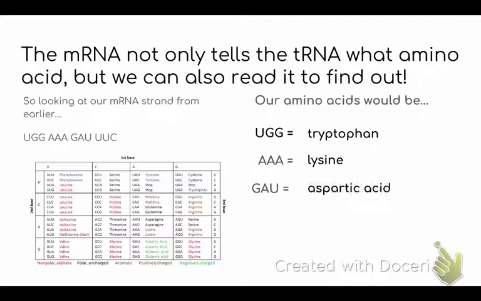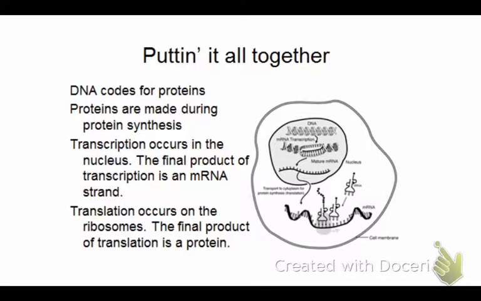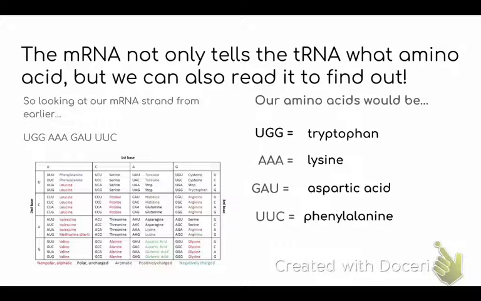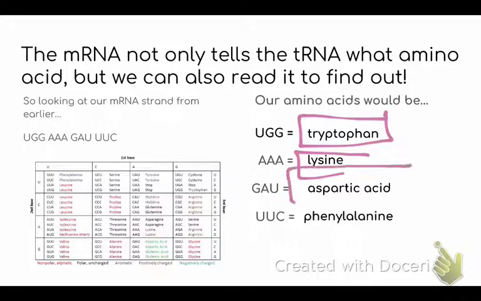Good, it should be aspartic acid. UUC comes out to phenylalanine. And that is our whole sequence, okay? So we know from our mRNA that our amino acid chain would be tryptophan, lysine, aspartic acid, and then phenylalanine. And that would be the start of our protein.